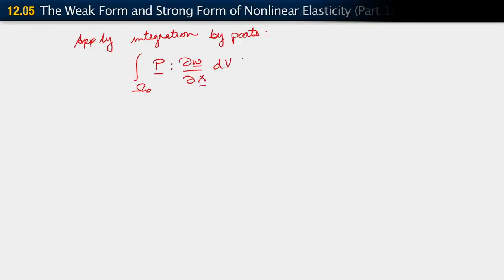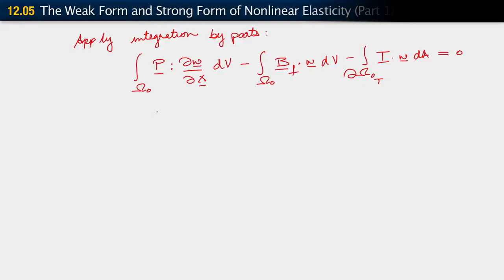So, we have this first term, and let's also include the remaining integrals which make up our equilibrium condition. Minus integral over omega naught Bf dotted with W dV minus integral over the traction boundary T dot W dA equals 0. Now, we're going to apply integration by parts only to the first term because that's the one involving a derivative on the variation.